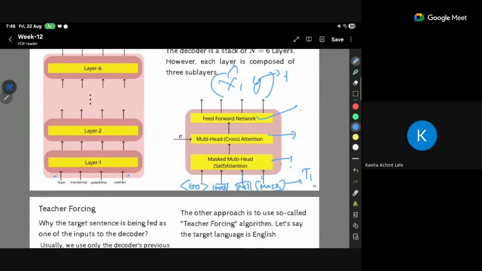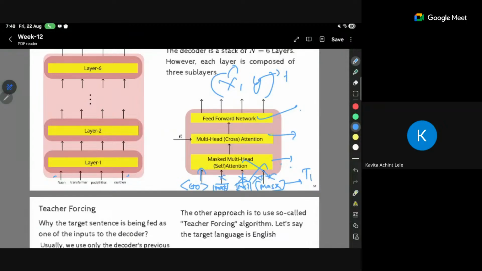So to reduce this computation cost, you just exclude this computation, and you will just compute whatever values you were able to figure out, right? So let's say you sent a go, so that go is there, and the rest of them you are going to ignore.